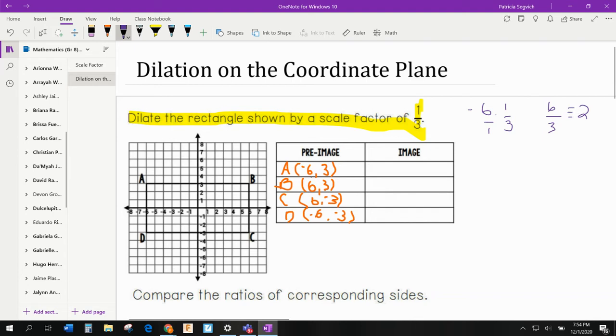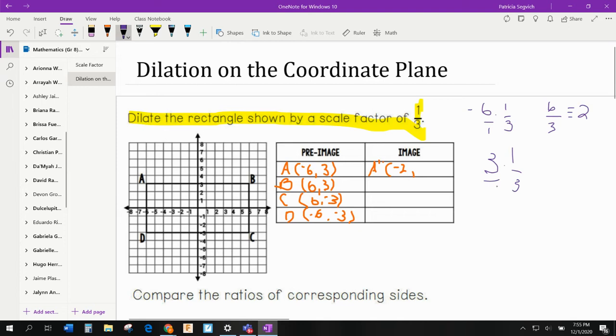So here we have a -6 times 1/3. So our A prime is going to be -2. And now let's figure out what 3 multiplied by 1/3 would be. We take our 3 and multiply it by 1/3.